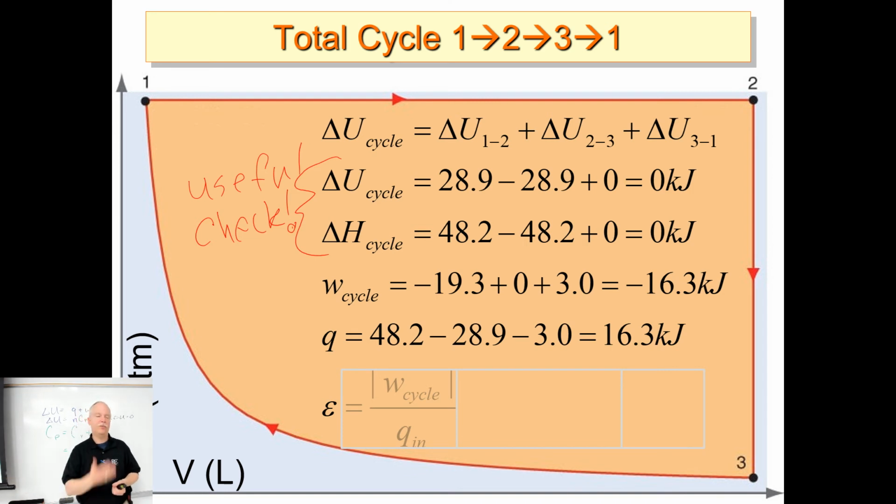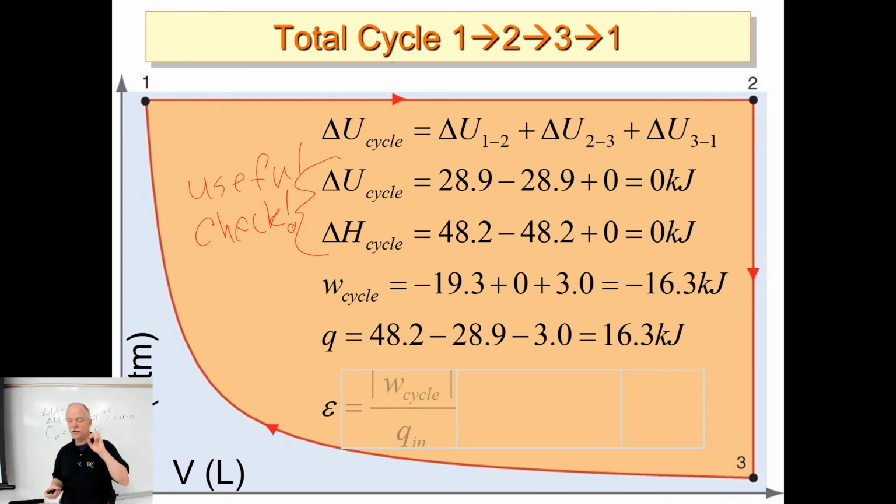But then the recompression, the resetting of the system, 2 to 3, took 3 kilojoules of work. So it reduced our net out to 16.3 kilojoules. That's how much total work we got out of the system. The net amount of work that our system did for us was negative 16.3 kilojoules.